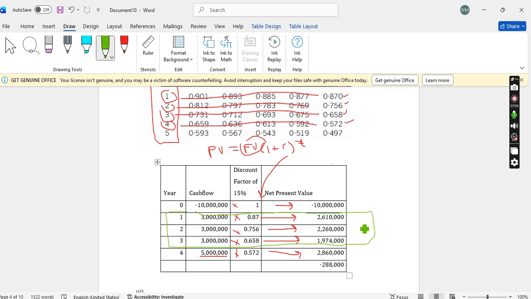So after you get your present values, these ones here in this column, net present value, after you get all these present values, you just add them up. Negative 10 million plus 2,610,000 plus this plus that plus that. You're just adding everything here, and you get negative 288,000.